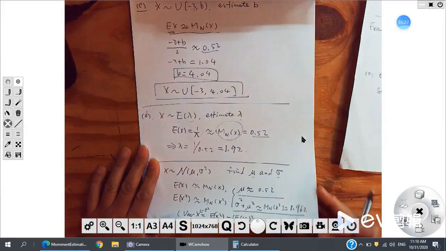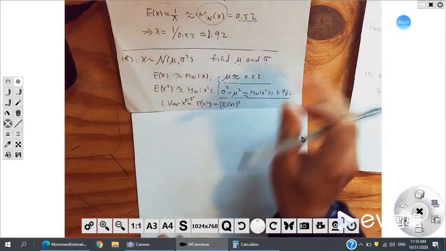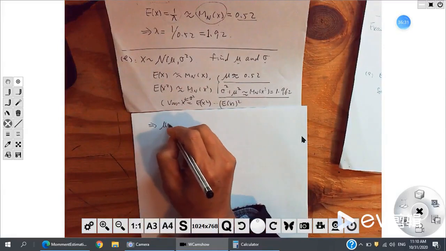We already have mu, so we don't need to solve for it. Mu is just 0.52.